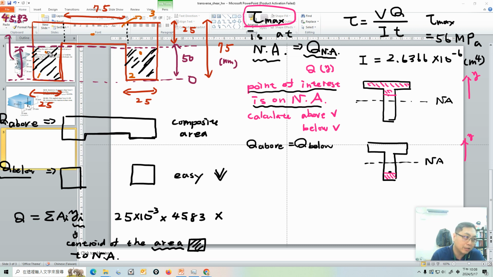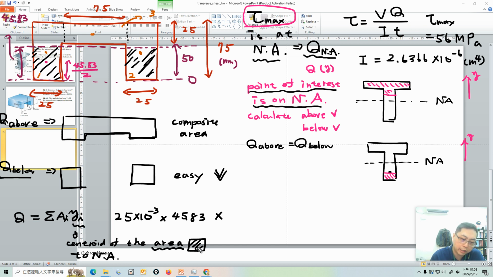The centroid of the shaded area is here. So here it is 45.83 divided by 2. Be careful. You calculate Q as the summation of A_i Y_i. What is our Y? It's the centroid of the area of interest.